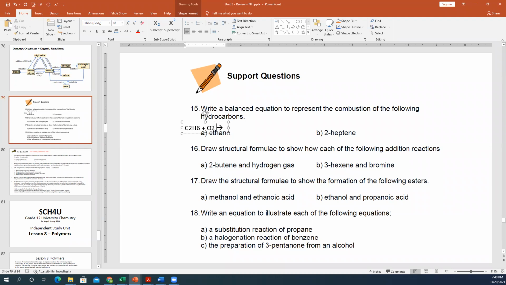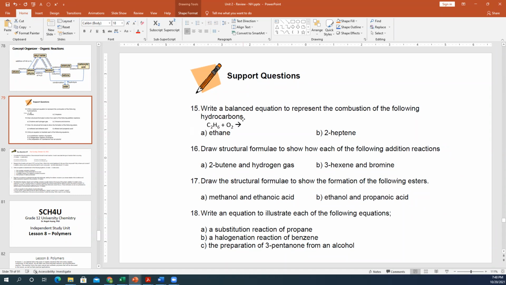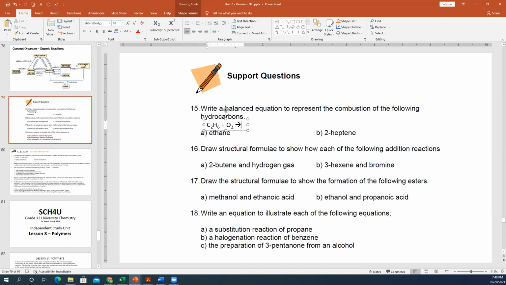In a combustion reaction, you get something that's burning with oxygen. In this case, it's our ethane. And in a combustion reaction, you get nothing except what at the other end? If it's a complete combustion, which in these ideal chemical equations we are talking about, what do we get?